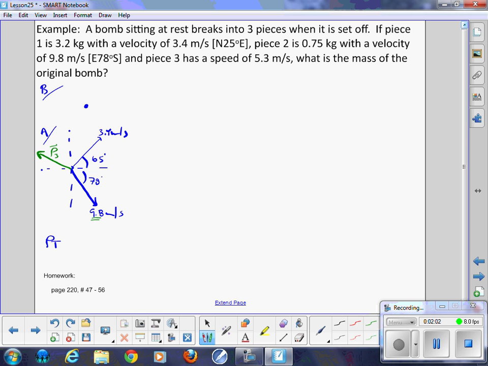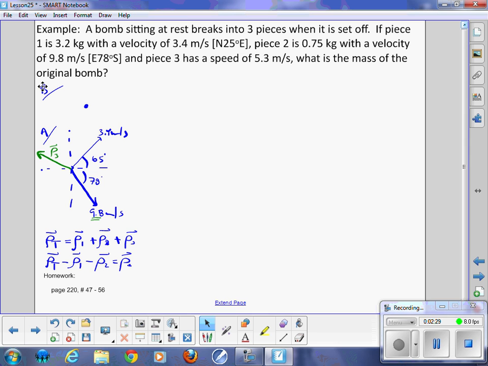Creating my formula, total momentum equals the sum of the three momentums afterwards. So I've got to find out information about that third value. So PT minus P1 minus P2 is going to equal the momentum of the third object. Now the nice thing here is that the initial momentum is actually zero, so we don't have to consider it in our calculation.